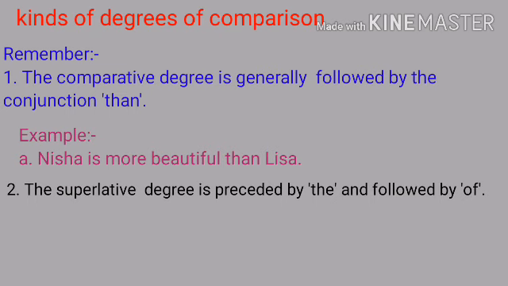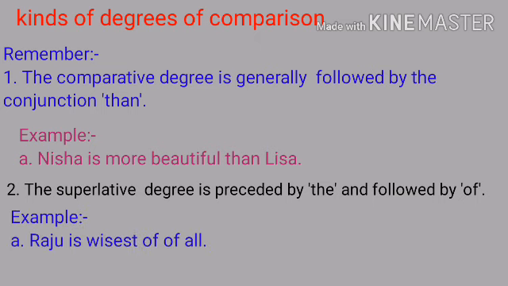Secondly, the superlative degree is preceded by the and followed by of. For examples, Raju is the wisest of all the boys. She is the cleverest of all girls.